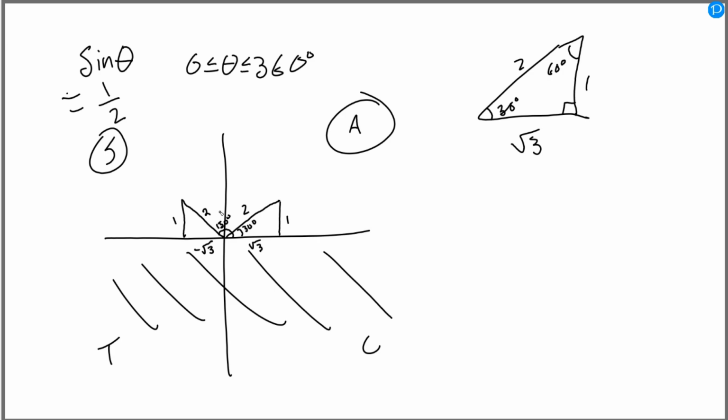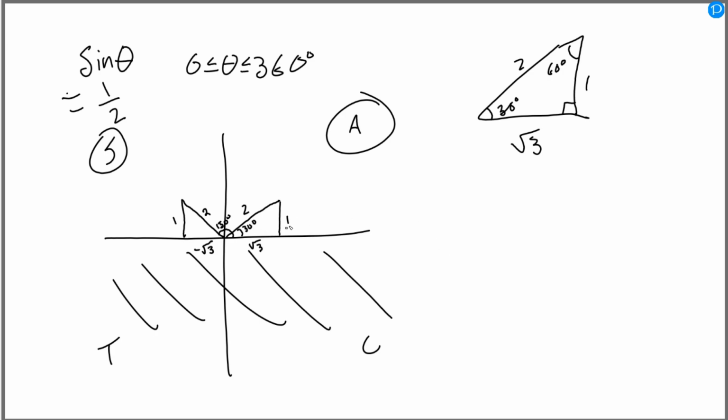But say you don't know special angles, then you can't really do much without using a calculator, using an inverse sine function, which would make this whole thing pointless. But what you can do from here is determine the other trig ratios.